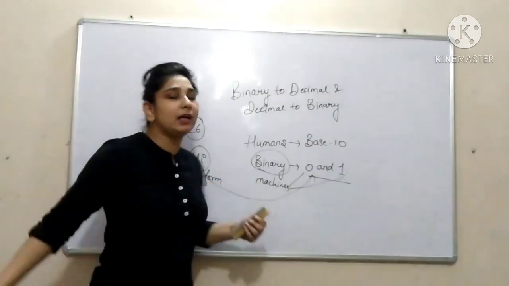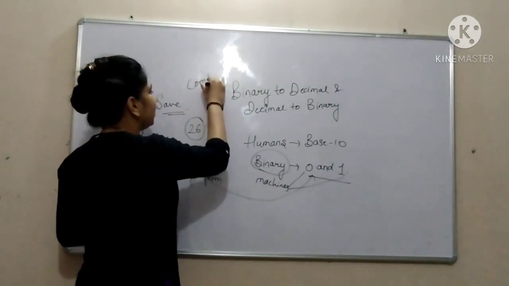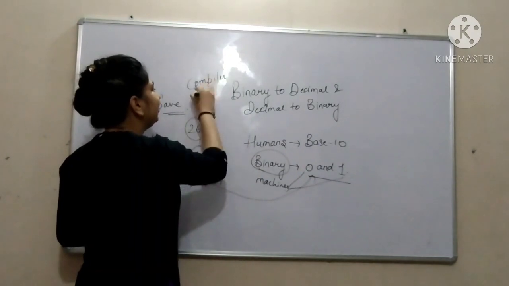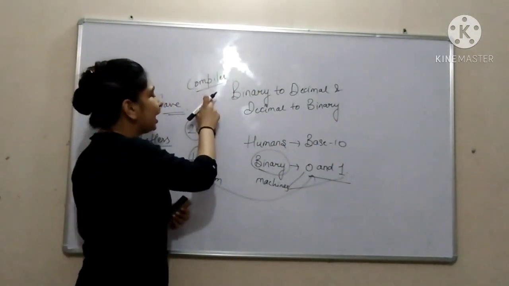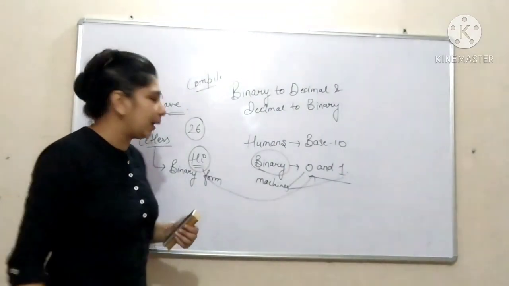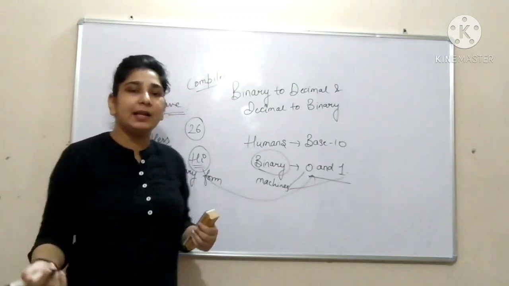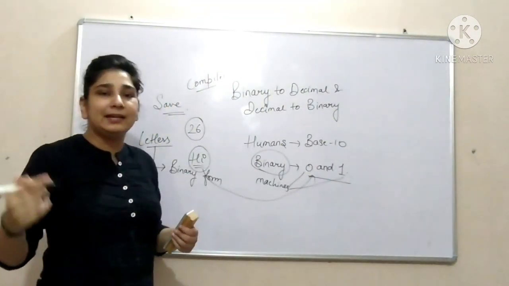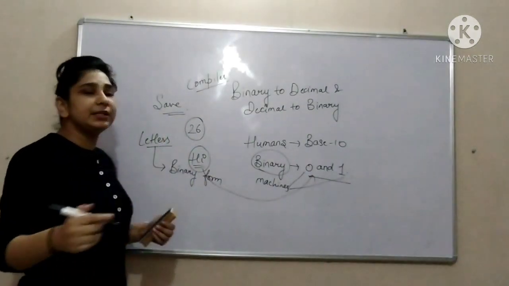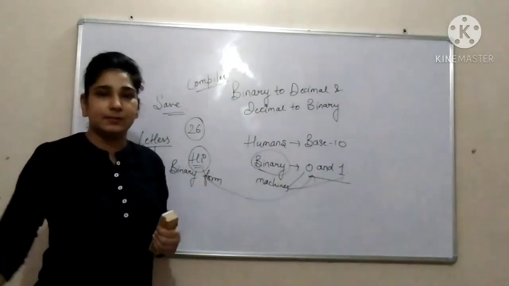If you have studied computer programming, then we study compilers. What is the purpose of a compiler? The purpose of a compiler is to convert the human understandable language into the machine level language, because finally we have to save our data into the hard disk. So whatever letter I have written, I convert into binary form and save it into the hard disk.